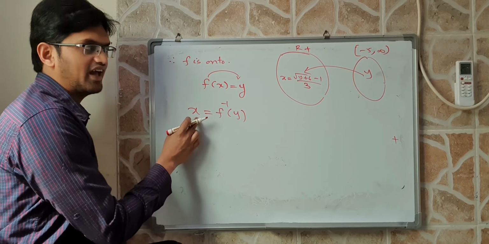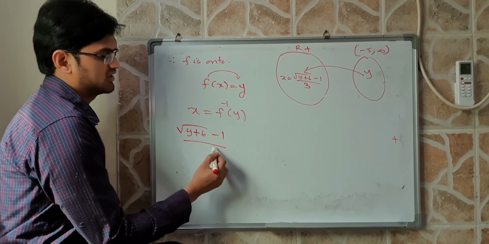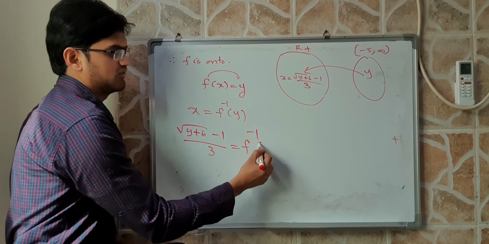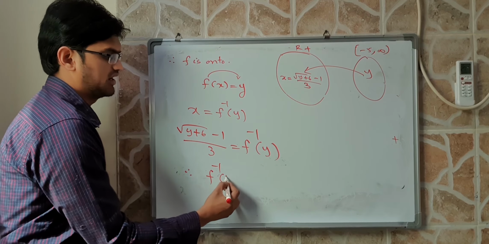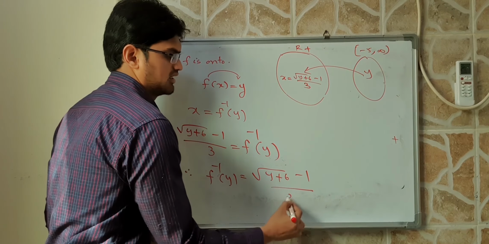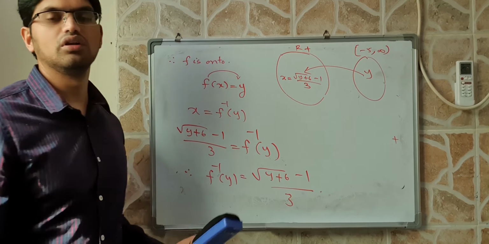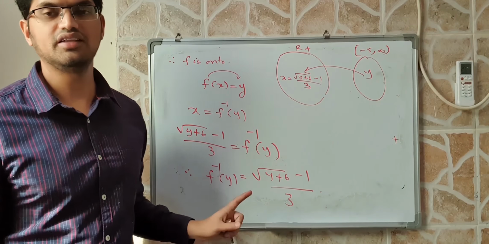So what is x's answer? Just now we got (root of y plus 6 minus 1) by 3. This is equal to f inverse of y. So therefore f inverse of y is equal to (root of y plus 6 minus 1) by 3. That is the rule from codomain to domain. Hence we have done.